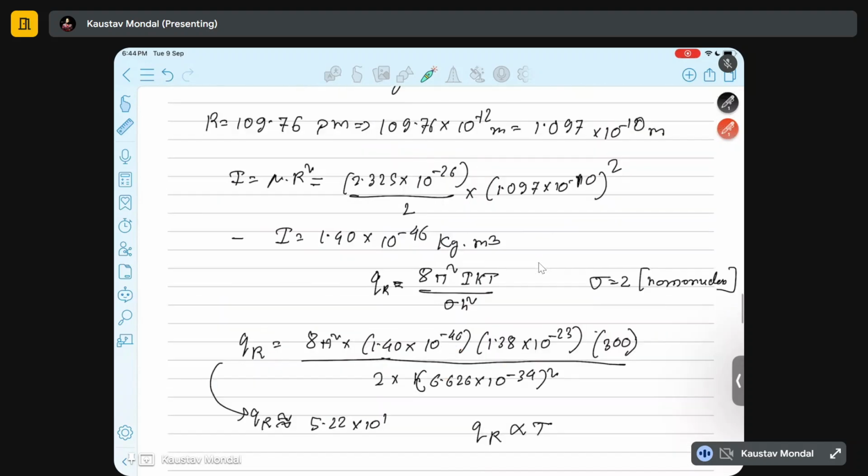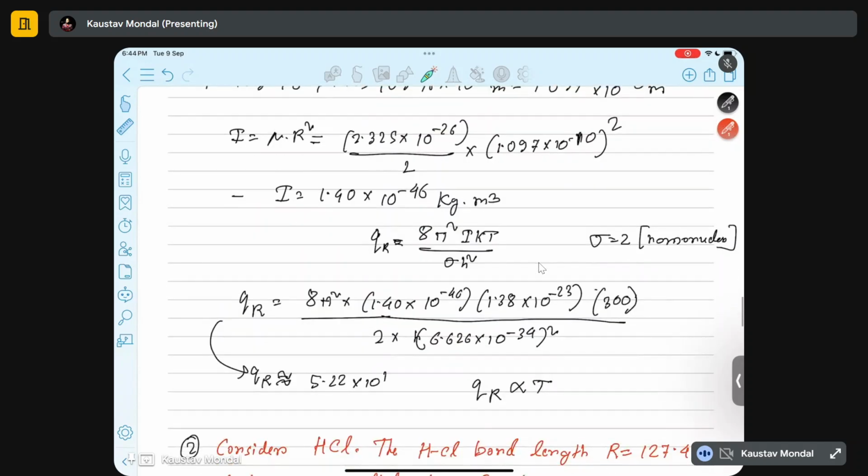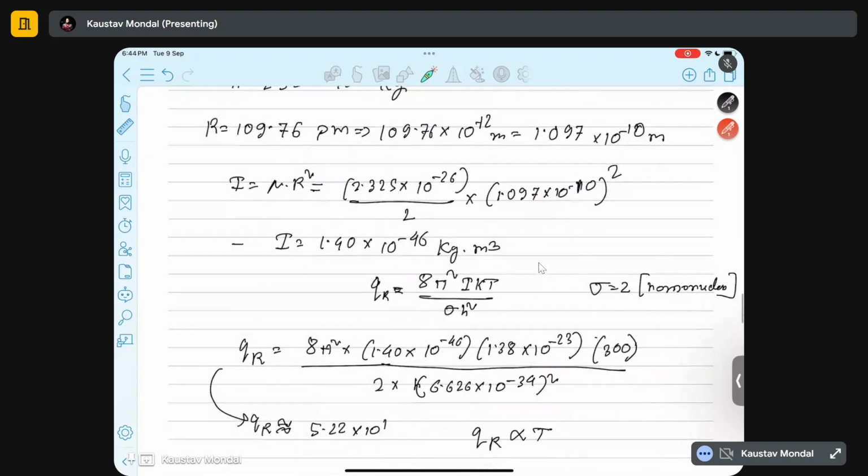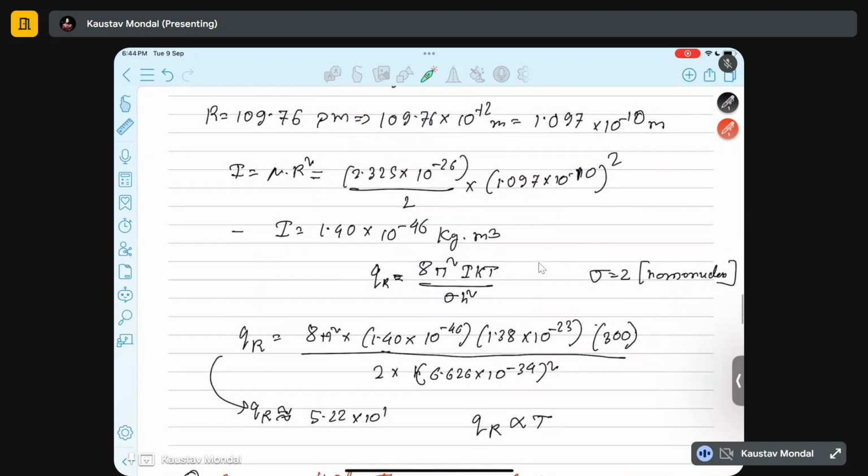I got the I value. Now if we substitute the moment of inertia into the main expression of QR, from there you will get both the values, right?